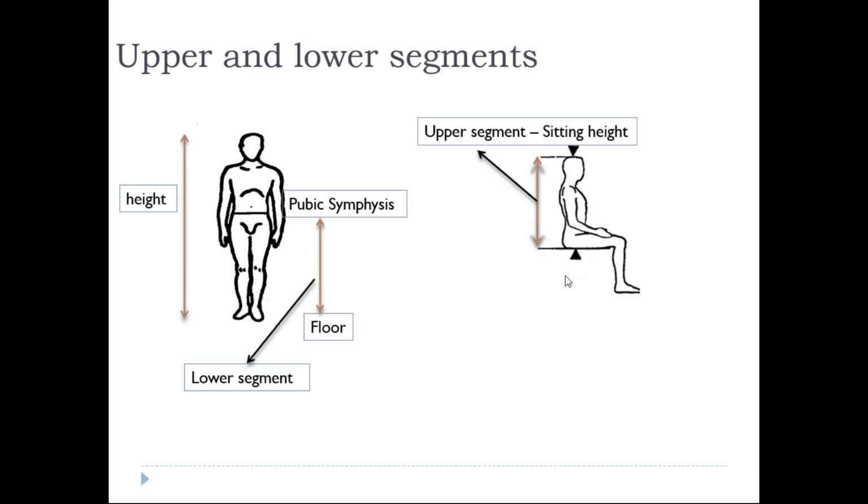Measure from here to the floor, that is your whole length, and subtract the stool's height, that is your upper segment. Subtract it from the height, that will be your lower segment.